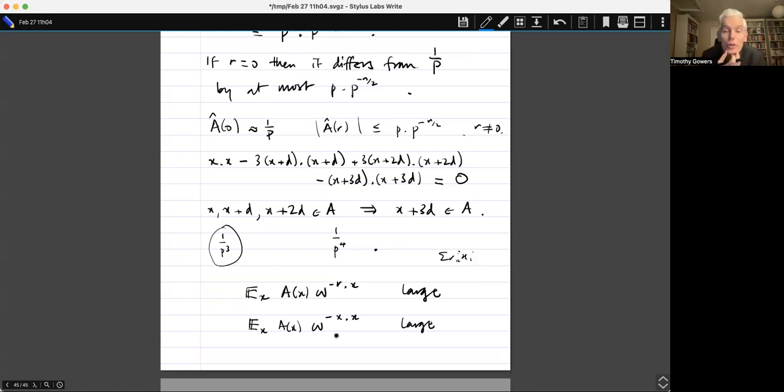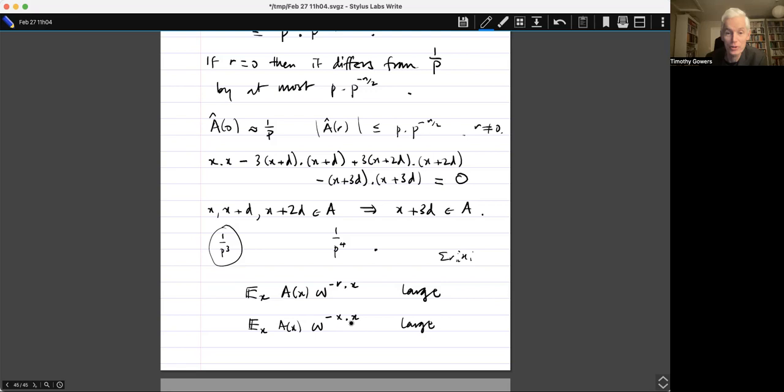But the proof is a lot more complicated, because whereas in the linear case you can just expand A in terms of its Fourier coefficients and do a simple inequality to argue that at least one of those Fourier coefficients has to be large, there's no such thing as expanding A in terms of its quadratic Fourier coefficients. The linear ones, the characters, form a basis, but these quadratic characters very definitely don't form a basis for all sorts of reasons.